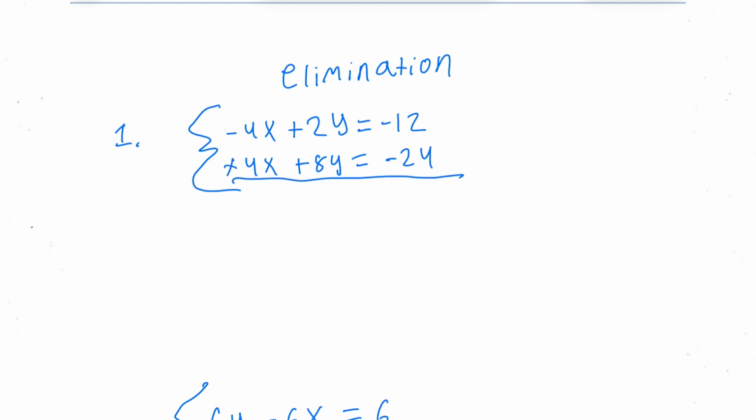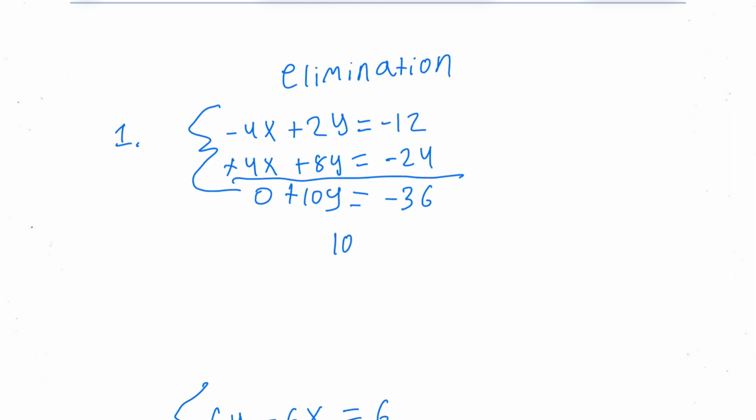Negative 4x plus positive 4x is going to be 0. 2y plus 8y is going to be 10y. And negative 12 plus negative 24 gives us a negative 36.